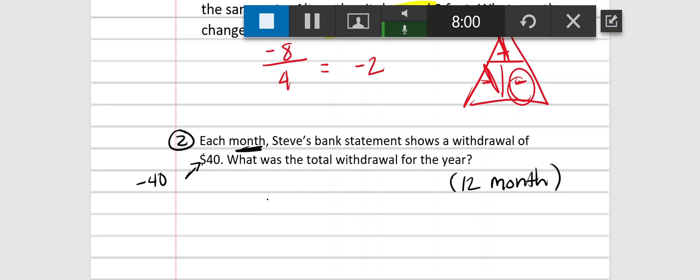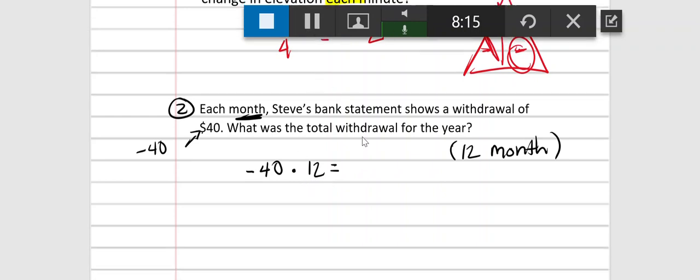How much is it total for the year? So I am going to multiply my $40 withdrawal times 12. Now when I go to multiply this, I personally like to say 12 times 4, which I know is 48, and then I have to push my 0 on the end.